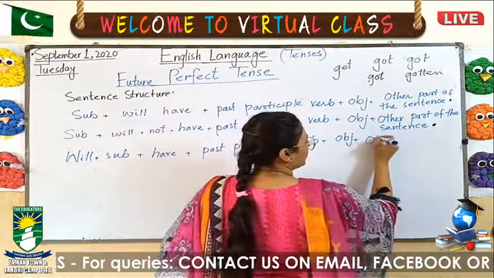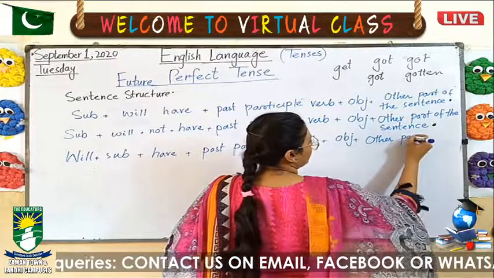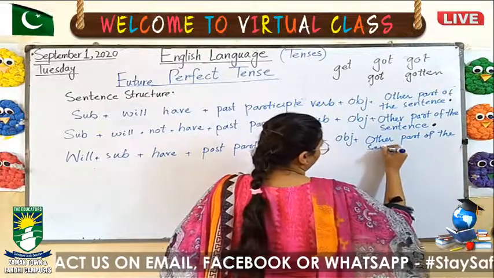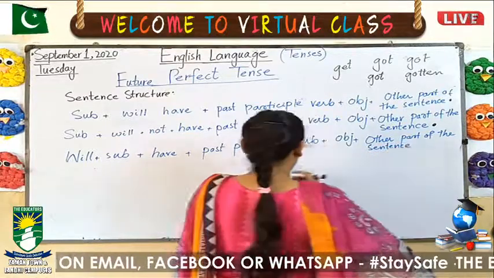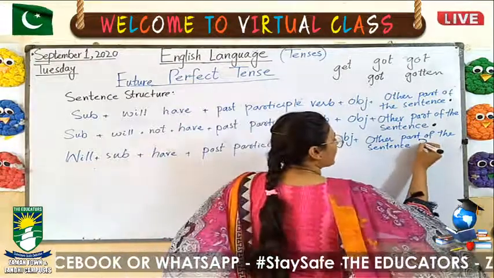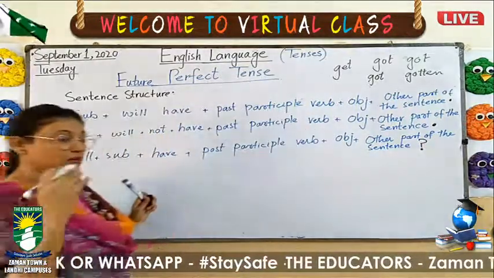Here is other part of the sentence. And what is imperative here? To put a question mark. Okay, fine. Come on, examples.